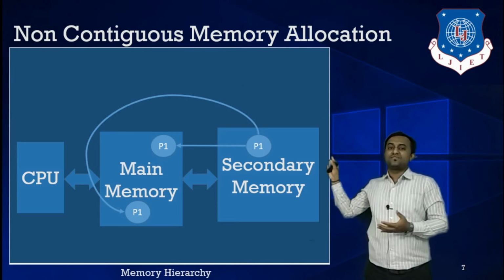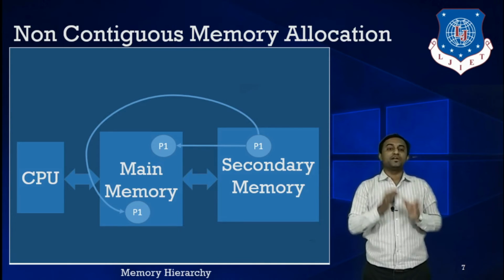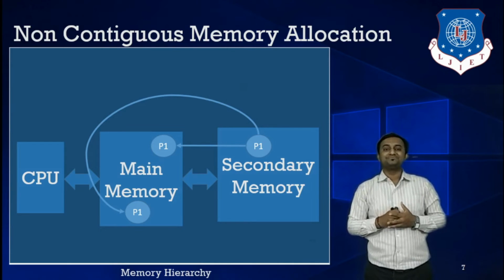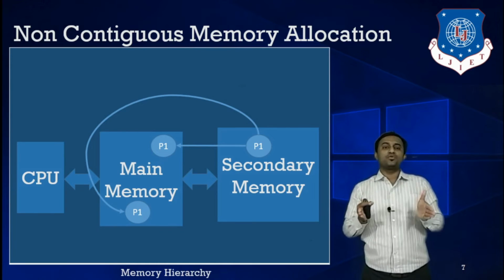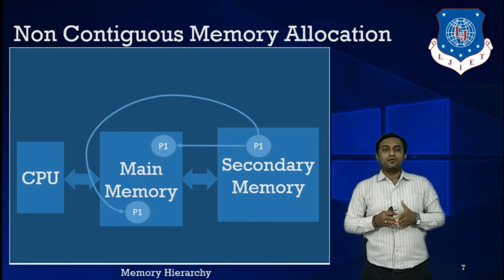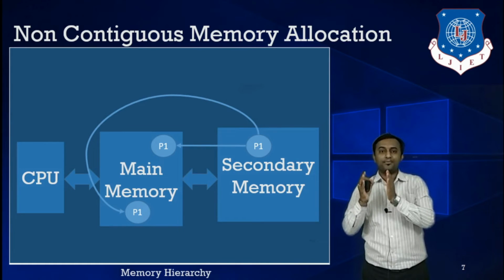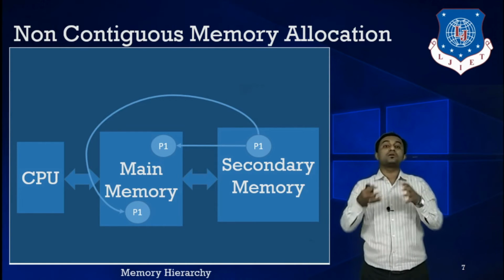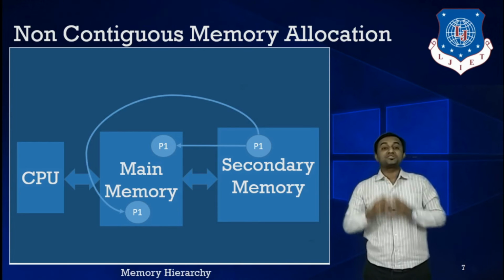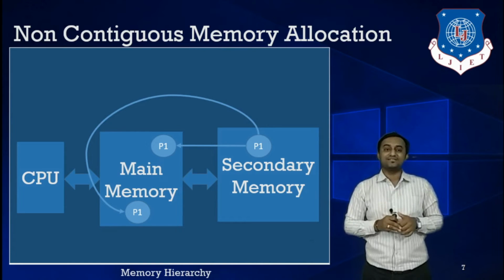You can see in this figure, P1 is nothing but one process, and that process needs to be shifted into main memory. So if 10 KB is not available in contiguous fashion, first of all, that process is divided into a small number of chunks, and each chunk would be adjusted in the main memory as per its available size.